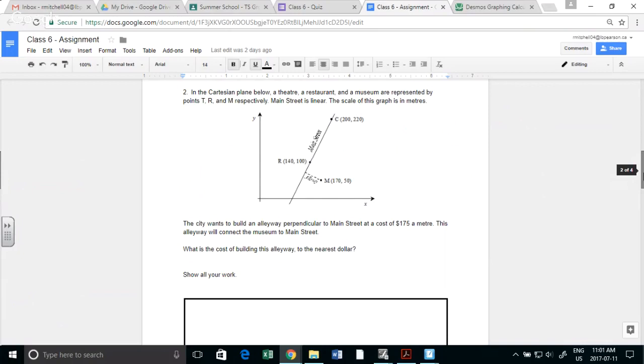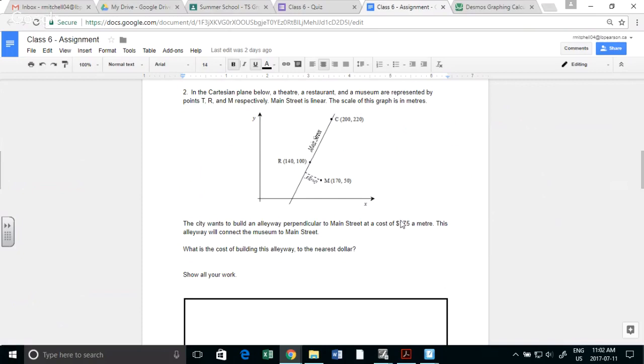If I look at this, they want to know this distance, the distance of the alleyway, and then we need the cost. This is the same first few steps as in the last problem. To use the distance point to line formula, I need the equation of the line, so I need the equation of Main Street.